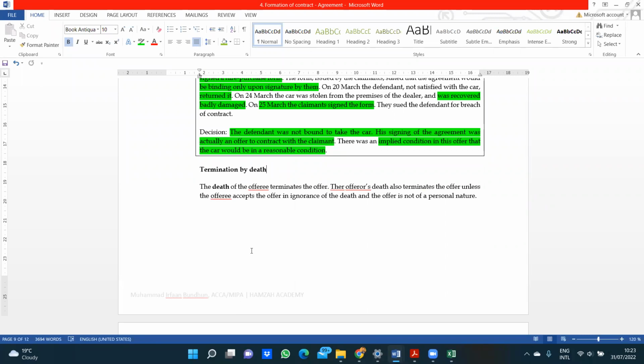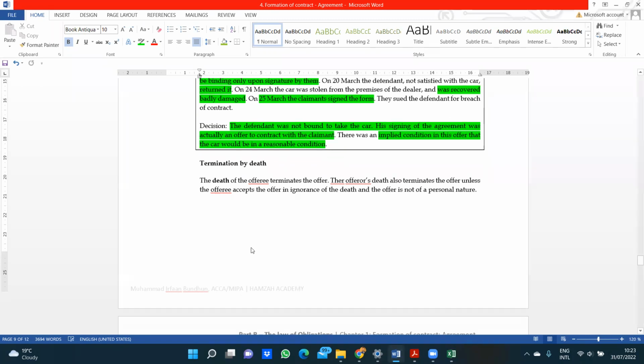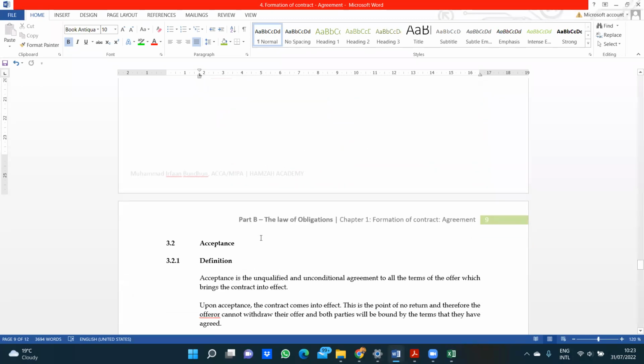Again, I'm explaining it: the death of an offeree terminates the offer. The offerer's death also terminates the offer unless the offeree accepts it in ignorance of the death of the offerer and the offer is not of a personal nature. Then it is accepted, the contract is made, and the agreement is valid.